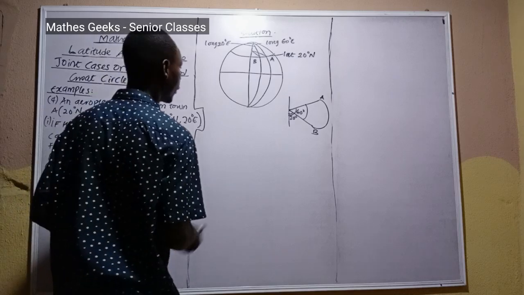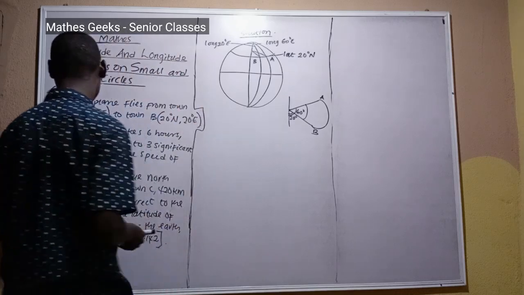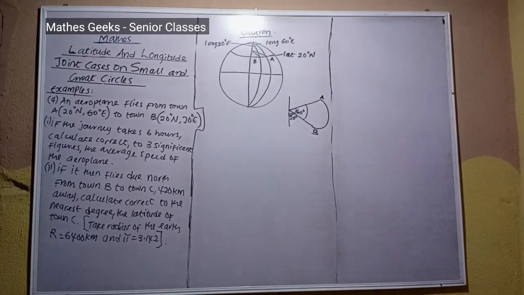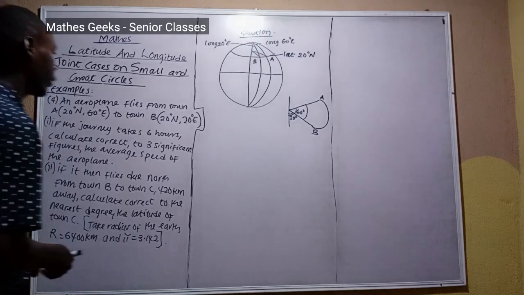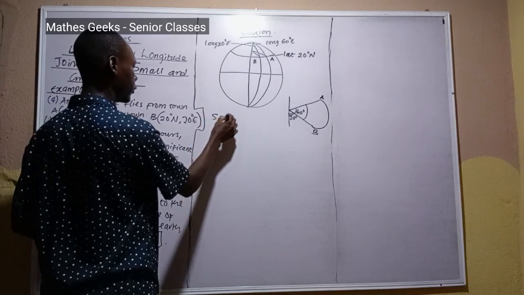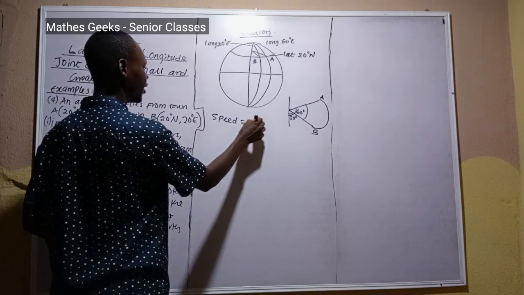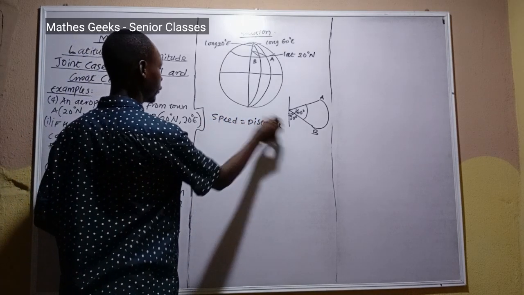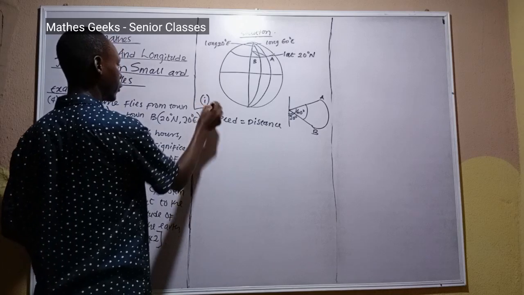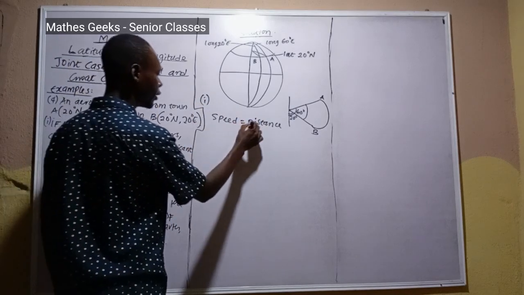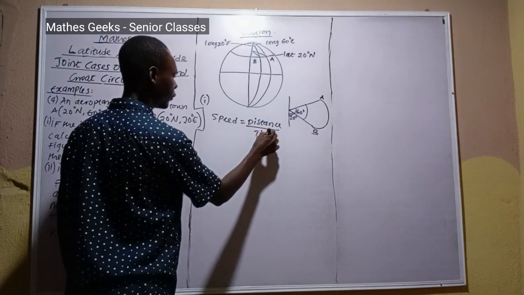Now the question says: if the journey takes 6 hours, calculate, correct to a significant figure, the average speed of the aeroplane. Speed is equal to distance over time.